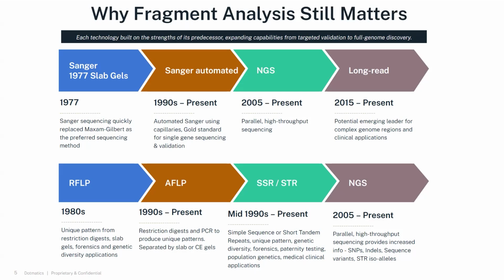Sequencing via NGS, next-gen sequencing, and long-read chemistries provides detailed data that was unheard of 25 years ago and is the cutting edge of many research and medical testing areas.